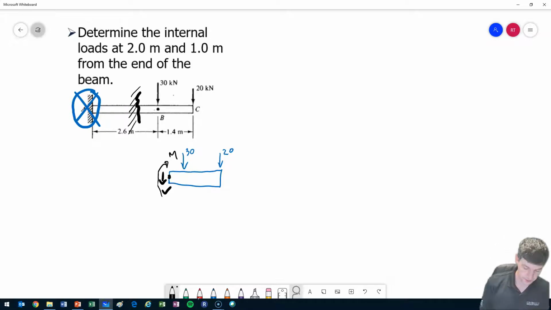So same strategy, we make our pivot point or our reference point at the cut, and we find our dimensions. So I guess it's 1.4 between the 20 and the 30, which means to get to 2 meters that would be like 0.6, and this would be my 2 meter.